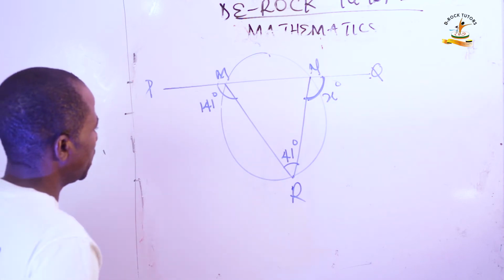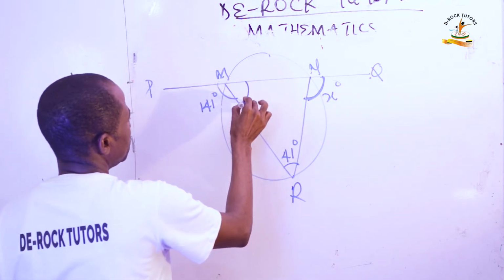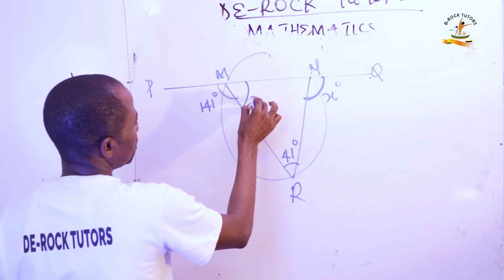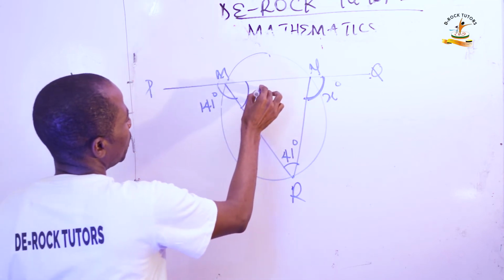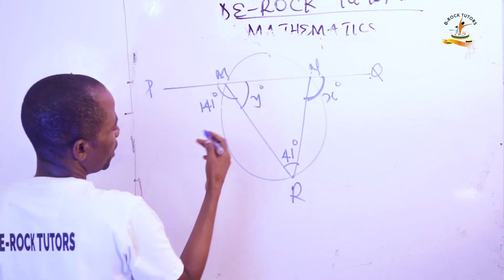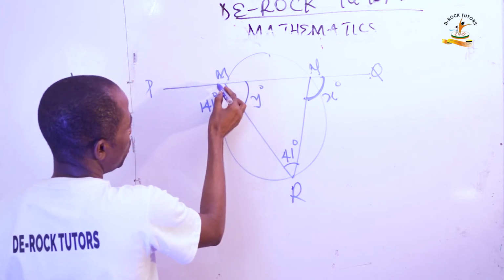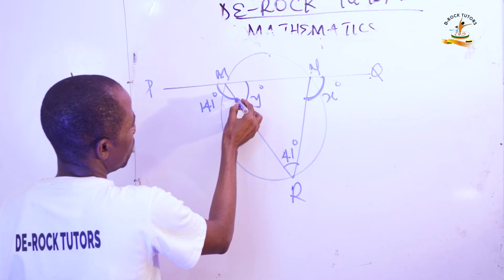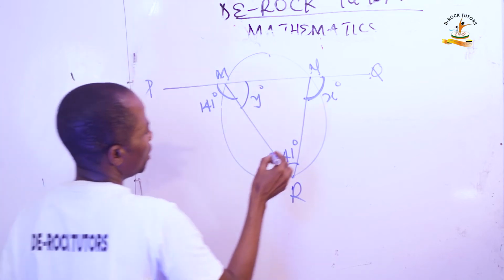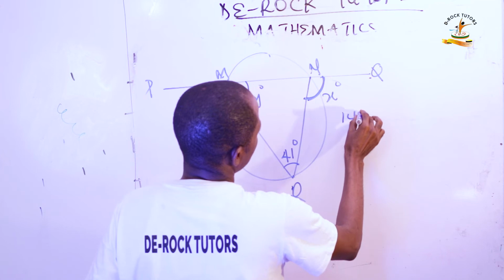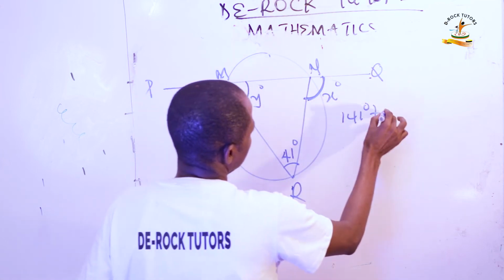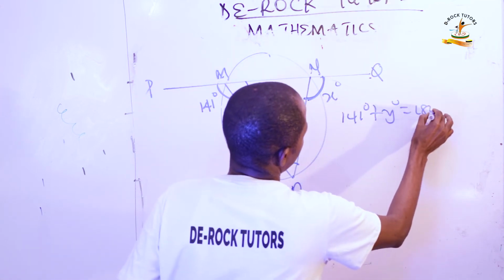This is easy to get. What we need to do is find this. When we get this, let's say this angle here is Y degrees. And to calculate the Y degrees here is easy because we know that angles on a straight line add up to 180 degrees. We know this to be 141. All we have to do now is say that 141 degrees plus Y degrees is equal to 180 degrees.